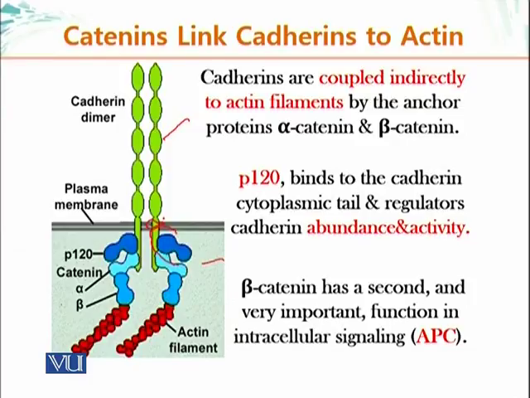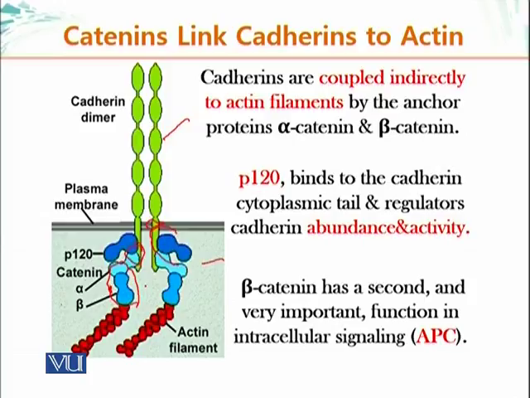Also, two molecules each of alpha and beta catenin interact. Here you can see alpha catenin is directly interacting with the cytoplasmic domain of cadherin, whereas the beta catenin is interacting with the alpha catenin, which is directly attached to the cytoplasmic domain.